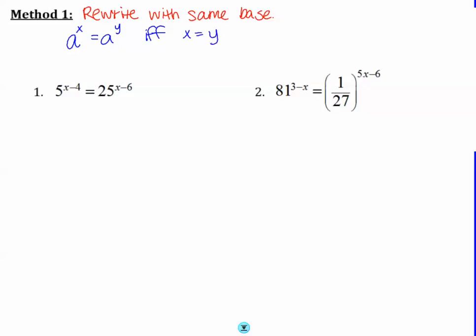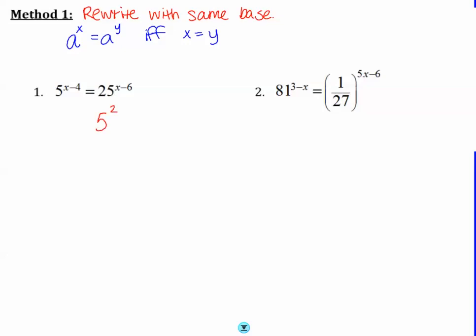So for this first problem, we have 5 to the x minus 4 equals 25 to the x minus 6. Well, I can rewrite 25 as 5 squared.